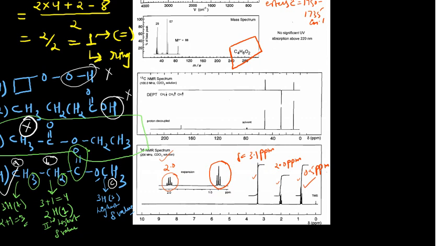Say this is carbon number 1, this is carbon number 2, this is carbon number 3, and this is carbon number 4. So a total of 4 peaks should be there in the carbon NMR, and you see this is peak number 1, 2, 3 and this is peak number 4. This peak number 4 is somewhere around 175 ppm. If you check this value, it should be 175 ppm.